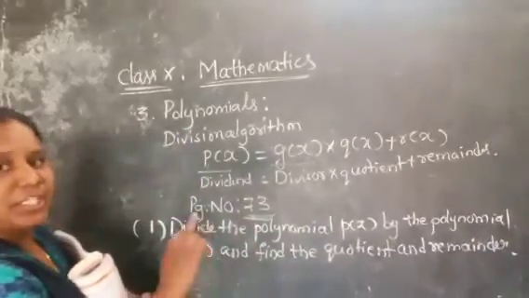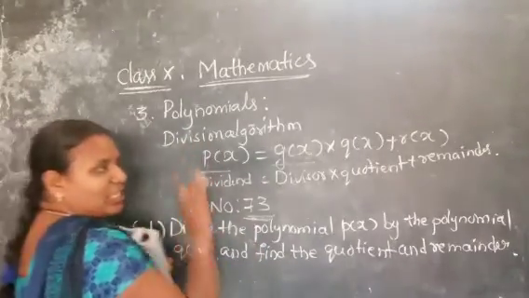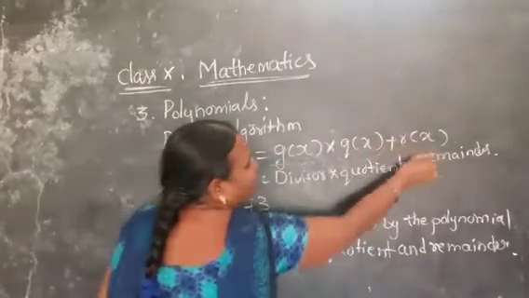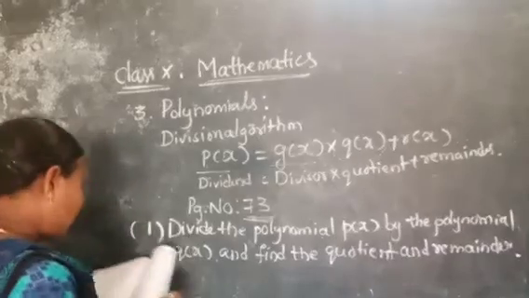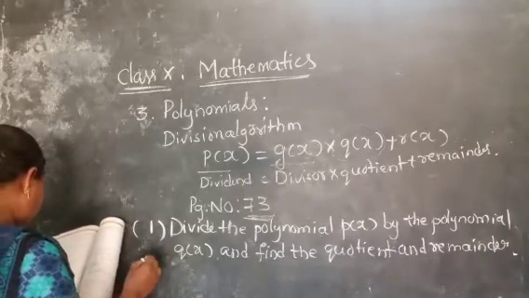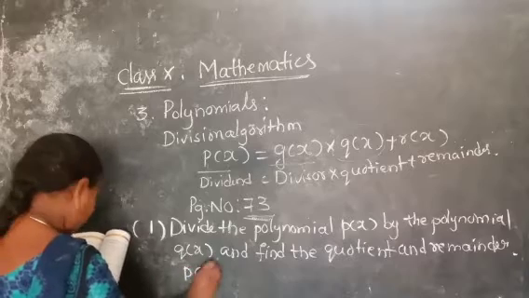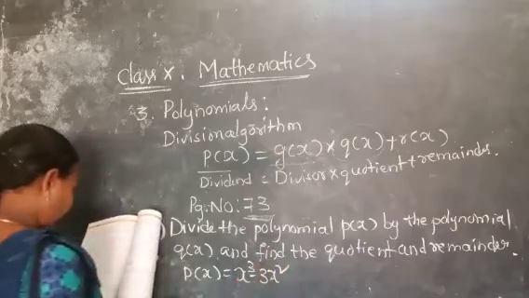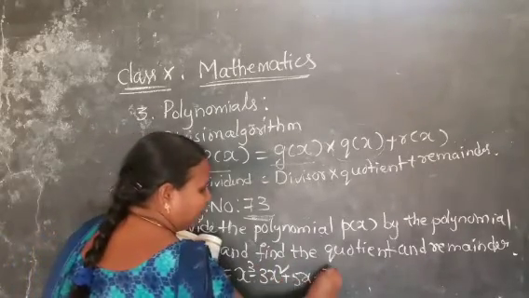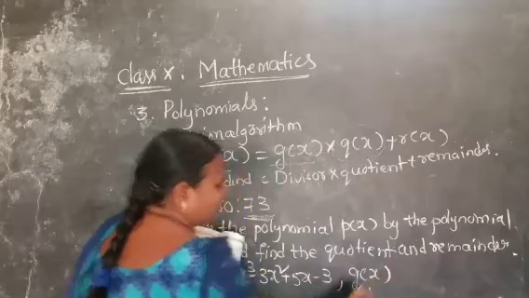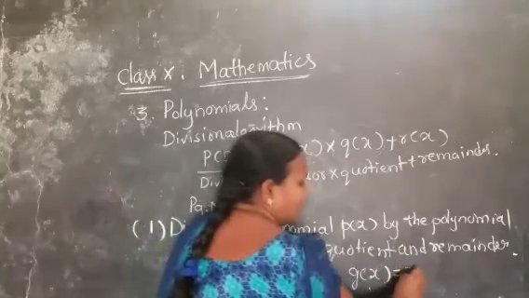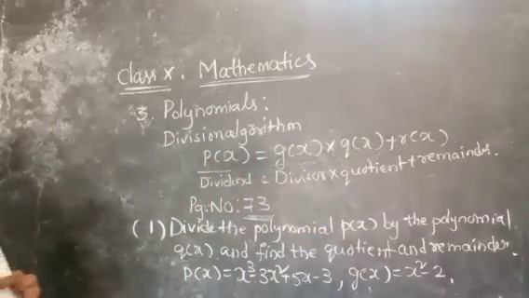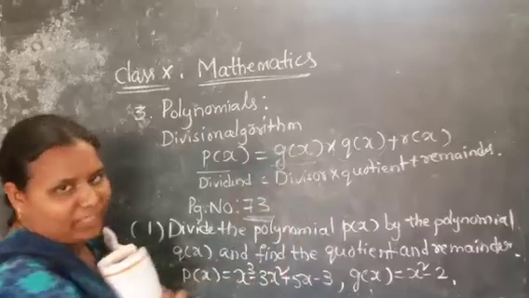Here P of x and G of x are given. By doing the division, you have to find the Q of x and R of x. I am giving here P of x is equal to x cube minus 3x square plus 5x minus 3, and G of x is equal to x square minus 2. Find Q of x and R of x.